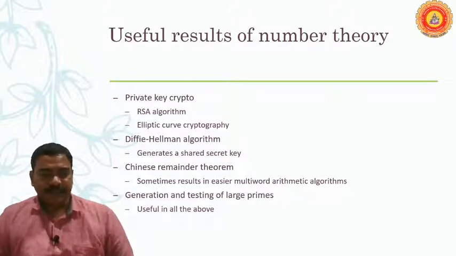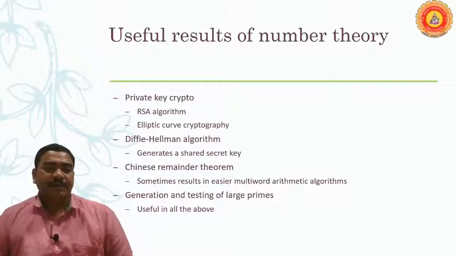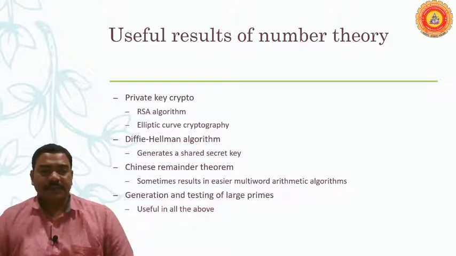The Chinese remainder theorem and the generation and testing of large prime numbers are useful in all of the above. That is why the theory of numbers is very important, not only for cryptography but for all other subjects. This is the basis of any research.